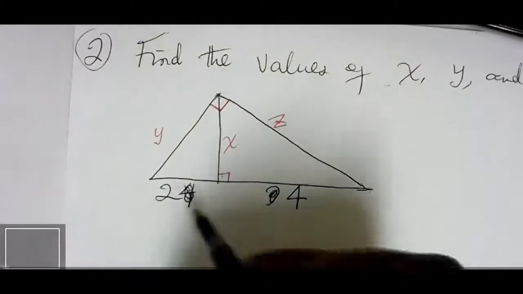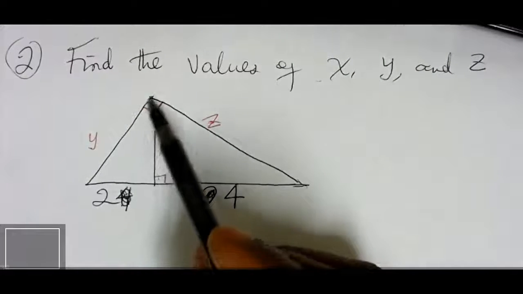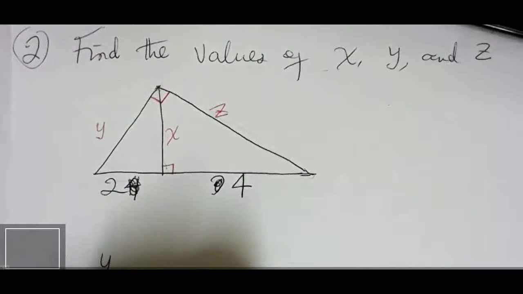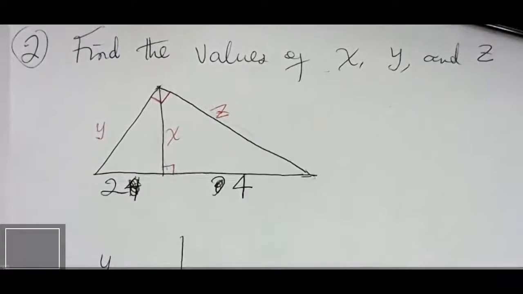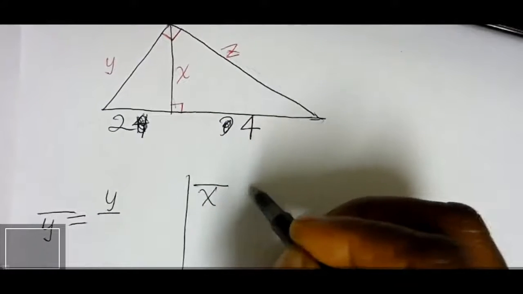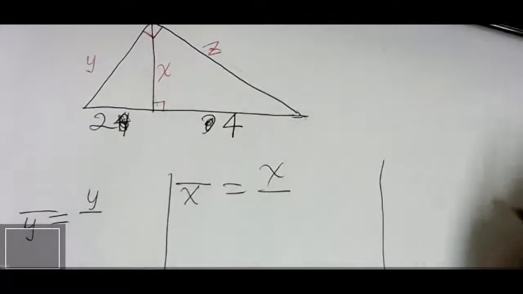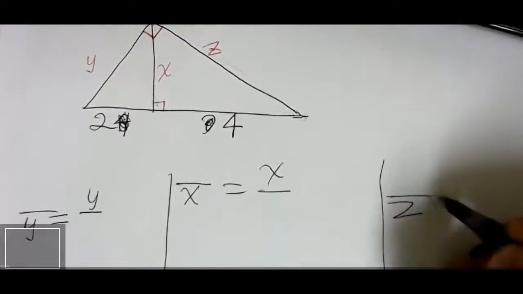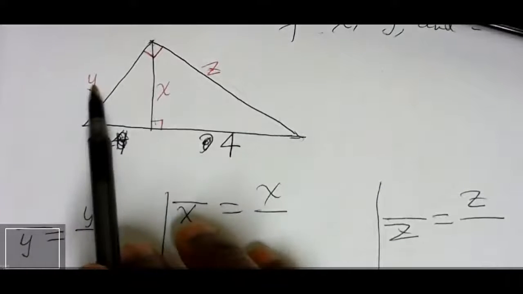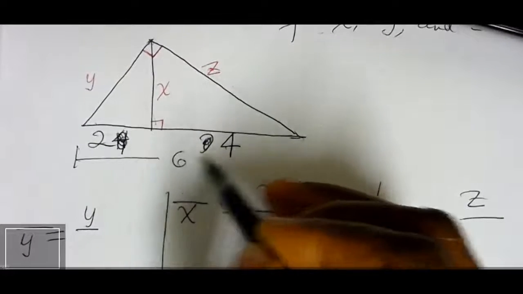Using the theorem, we can just write this out. We know y is going to be the altitude. Just write out the altitude line and then we fill them out. And then z, so there's another altitude. Here y is the altitude of the hypotenuse. So 2 plus 4 is 6.